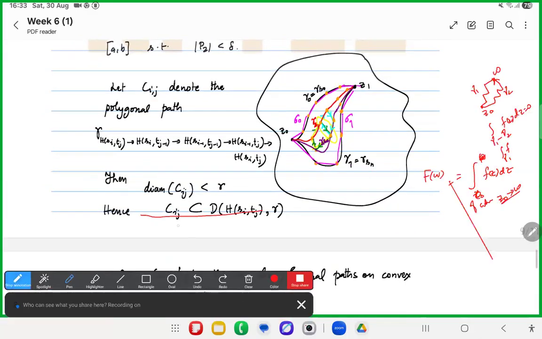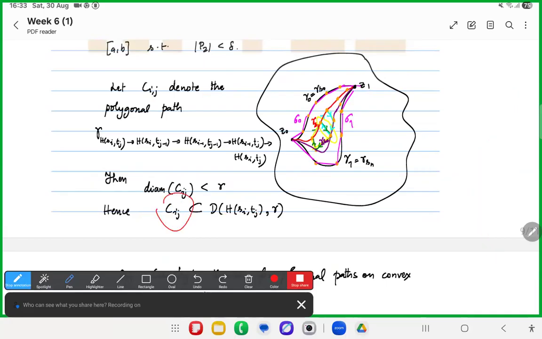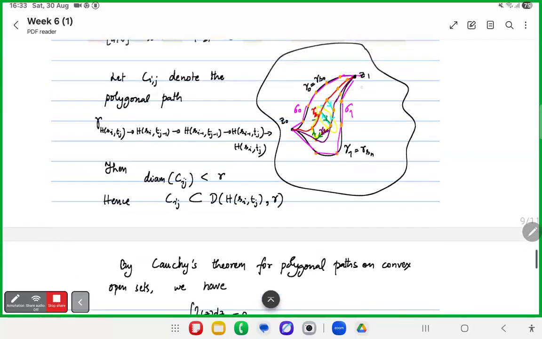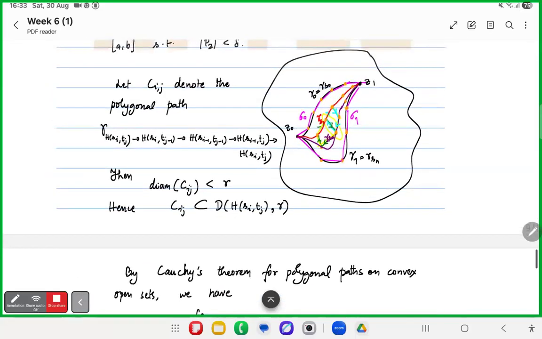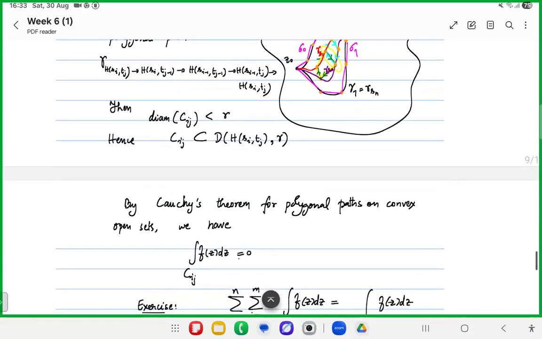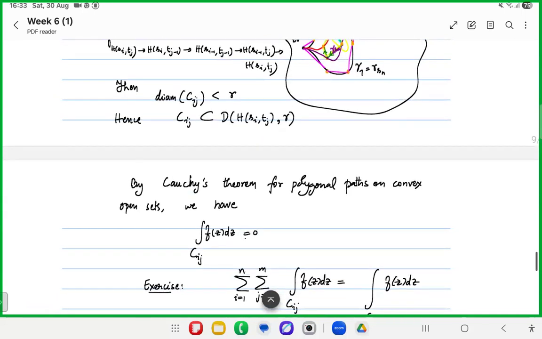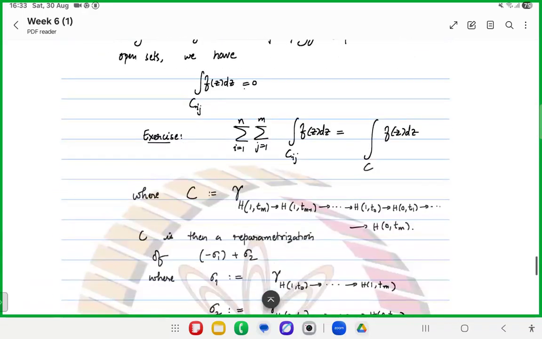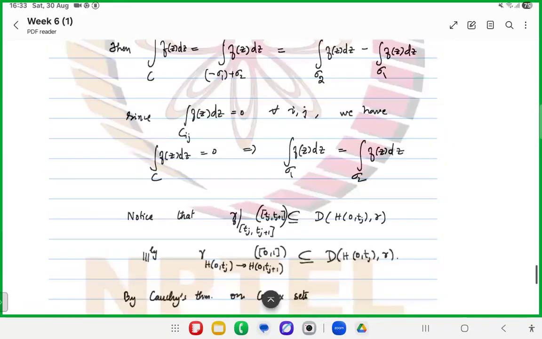If you see this idea, the integral is 0, and if you add them, you get this polygonal path, so we can approximate by polygonal paths. Every curve can be approximated by a polygonal path, so the integrals are kind of the same. As partition length goes to 0, our gamma's integral is again 0.